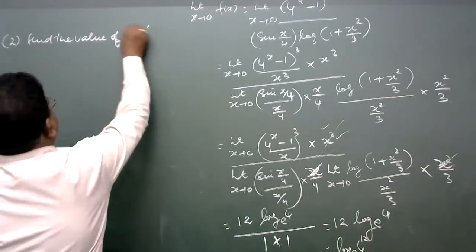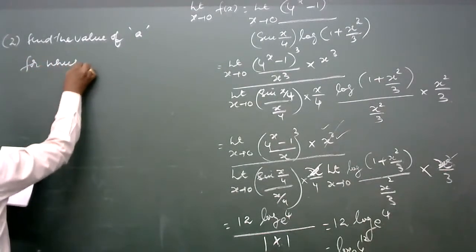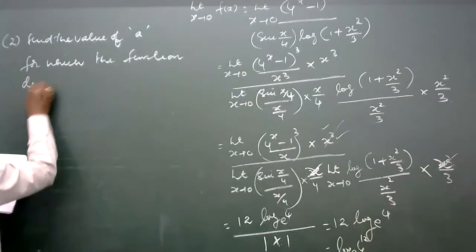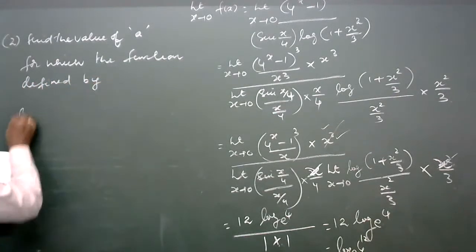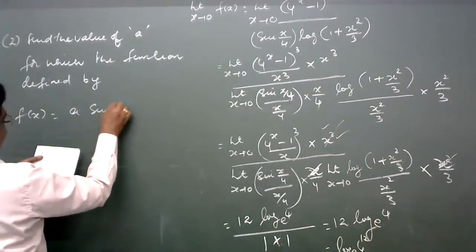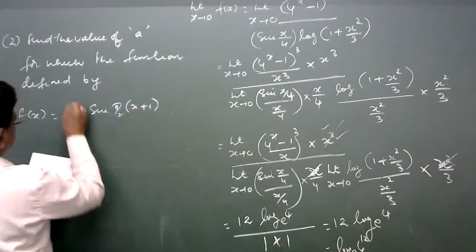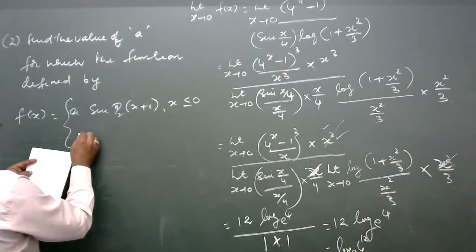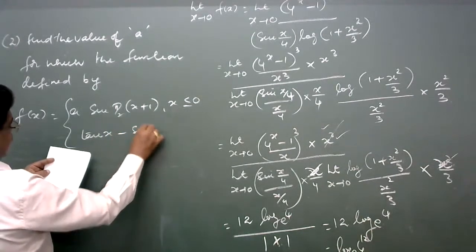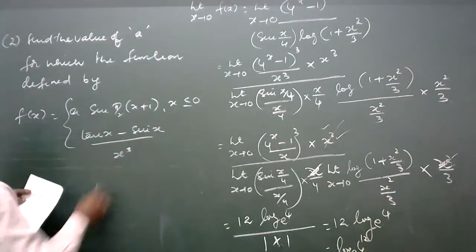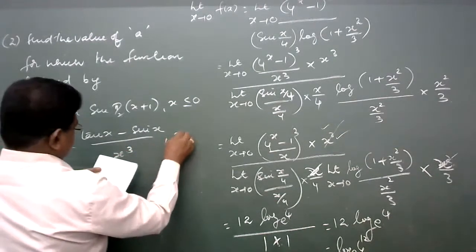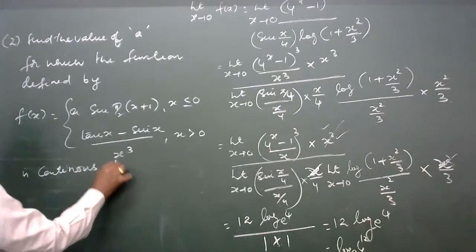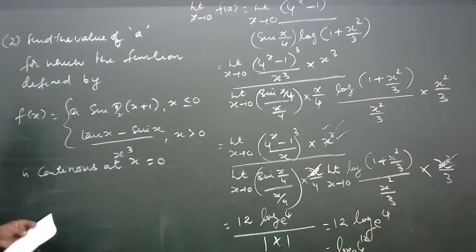Find the value of a for which the function defined by f of x is equal to a sine pi by 2 into x plus 1 for x is less than or equal to 0, and tan x minus sin x upon x to the power 3 for x greater than 0, is continuous at x is equal to 0.